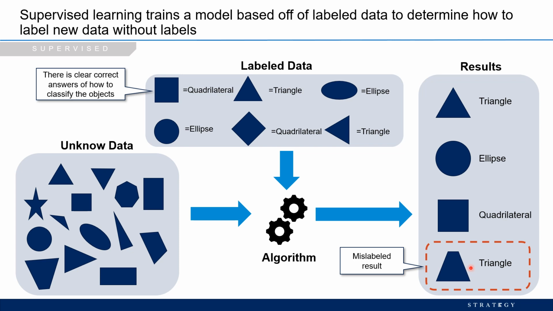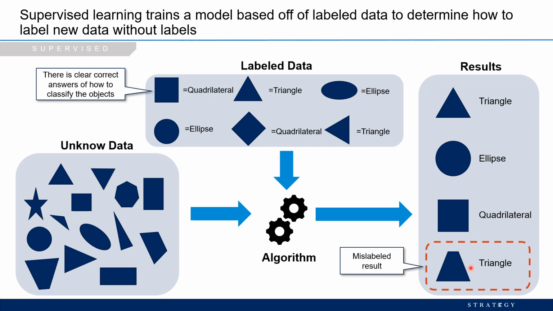So when you go into the real test, when you're faced with the unknown data, you'll be able to correctly choose the answers based off of how you trained on the practice test. Now, one thing to know about supervised learning is it is easy to overfit a model.